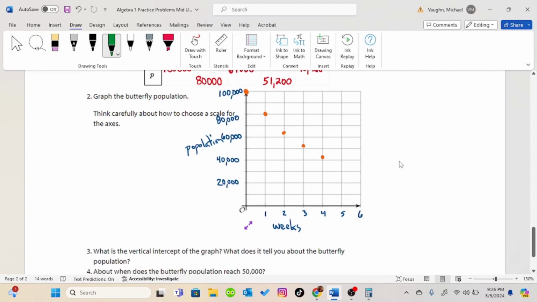Number 3. What is the vertical intercept of the graph? What does it tell you about the butterfly population? Well, the vertical intercept is the y-intercept, and that is at 0, 100,000.